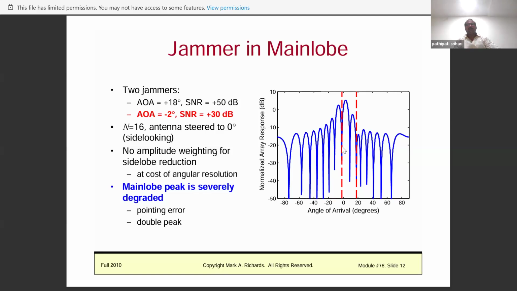When main lobe jamming is there, what to do? Minus 2 degrees and 30 degrees: minus 2 degrees is the main lobe jamming, 30 degrees is the side lobe. The main lobe peak is severely degraded, with pointing error. Double peaks are present because of this: the jammer is there, two peaks are there, and we don't know which is main lobe and which is side lobe in this case.